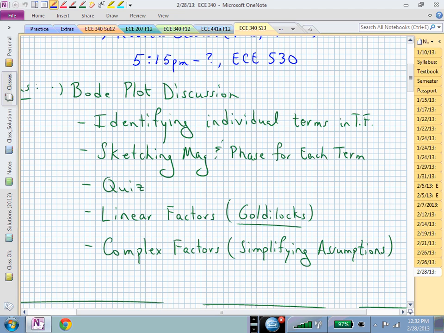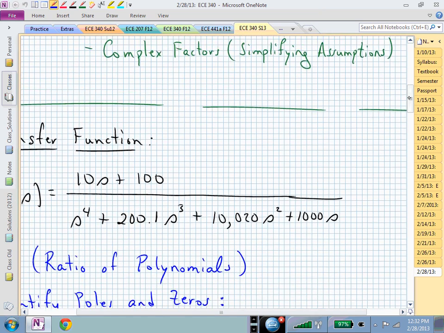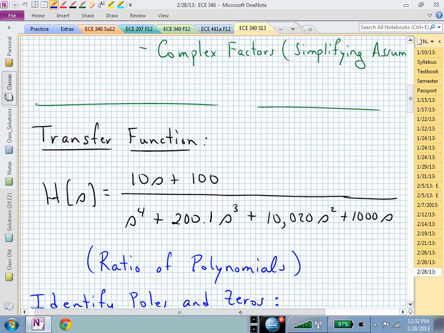And then we will see how we can convert complex factors to linear factors by some rather crude simplifying assumptions, but at least that allows us to fairly quickly do these straight line sketches for the different terms that are a possibility with respect to these transfer functions.